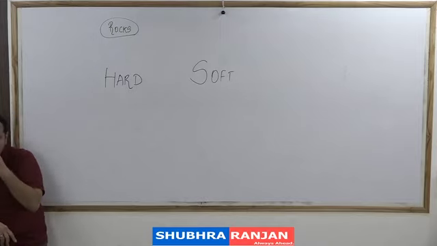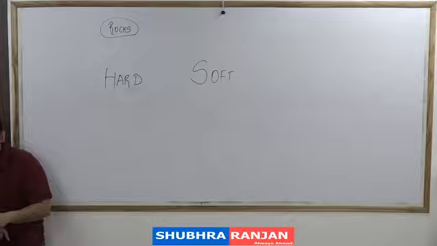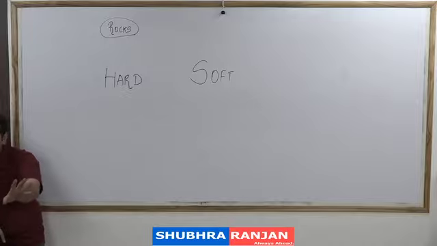Now look here, the hardness and the softness of the rocks will be relative, or not? Will a hard rock always remain a hard rock, or will it be relative? It will be relative. It will depend on climatic elements, right?